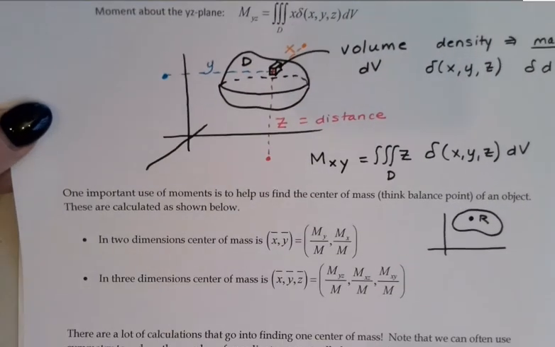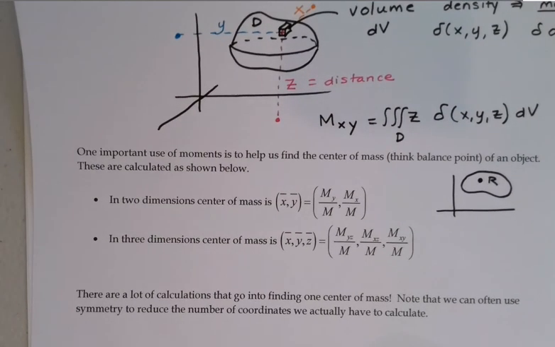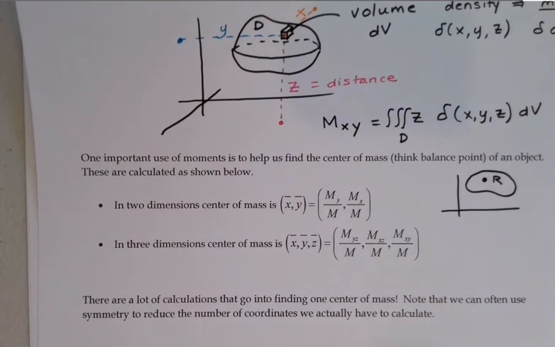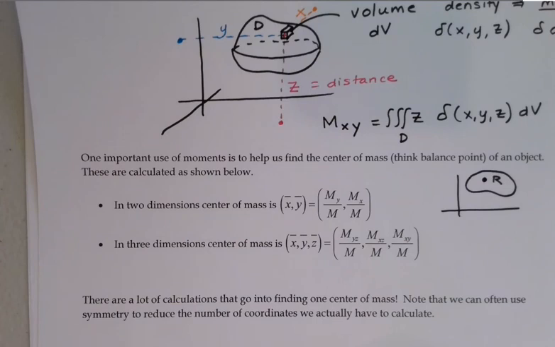All right, as you can tell, there are a lot of calculations that go into one center of mass calculation. Technically, we need a mass, and we need 3 separate moments to get a 3-dimensional center of mass. That's 4 calculations. There are a couple of things that we can do to make this easier. First of all, as is mentioned here, very often the symmetry of the object will help us out so we don't have to do nearly as many calculations.